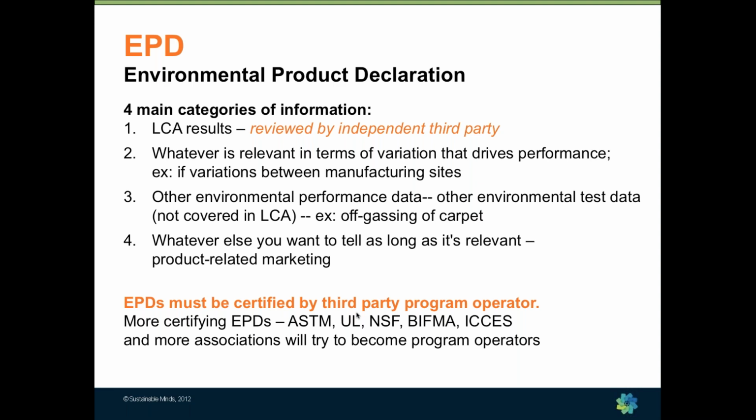So it can't be an EPD by definition if it doesn't include these 4 categories, and the LCA must be independently verified by a third party, and the end result, that final document, also needs to be verified. So those are the requirements.